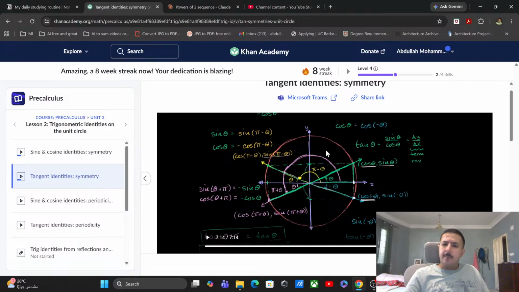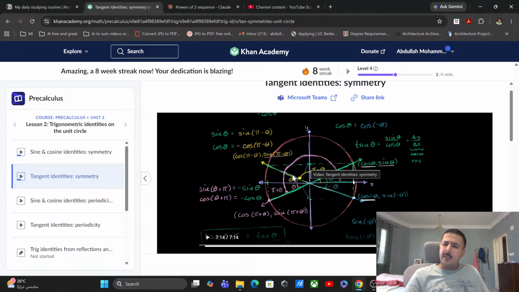And here positive, here positive, negative. So here the y, which is the sine, am I correct? No, the y, right, the y is going to be the cosine, is negative.